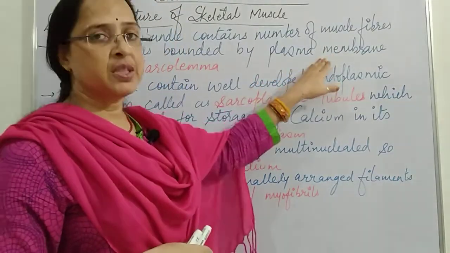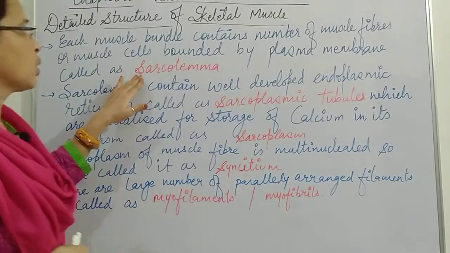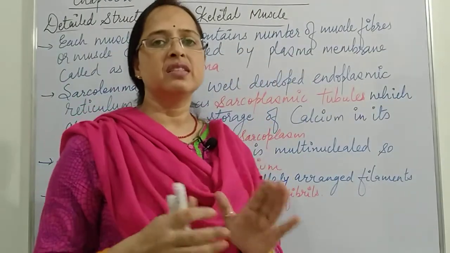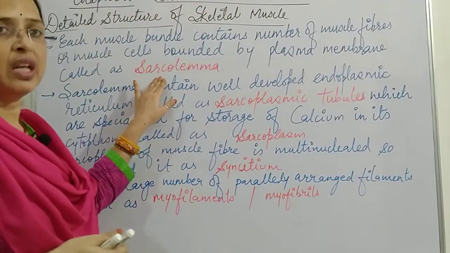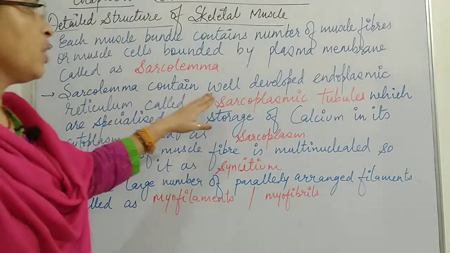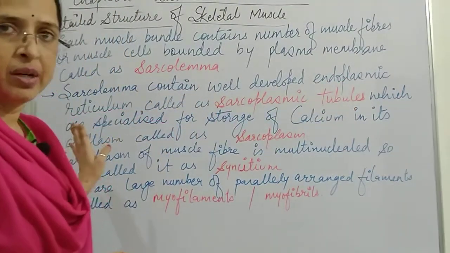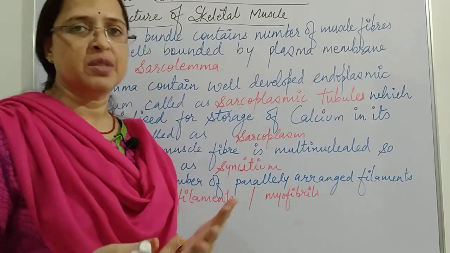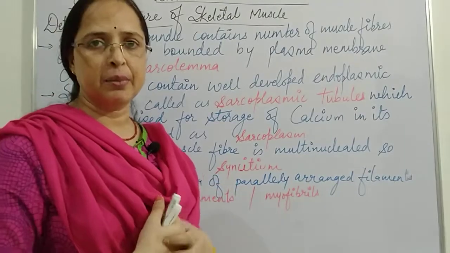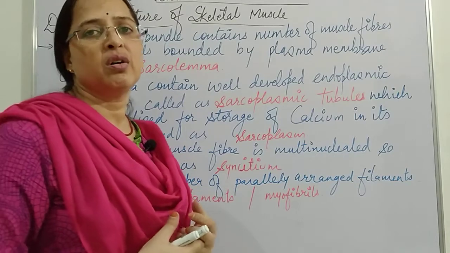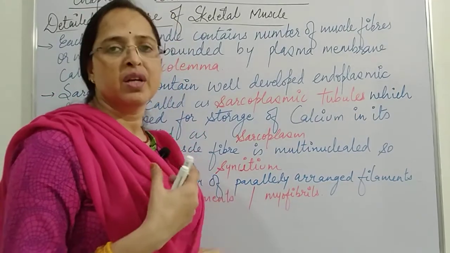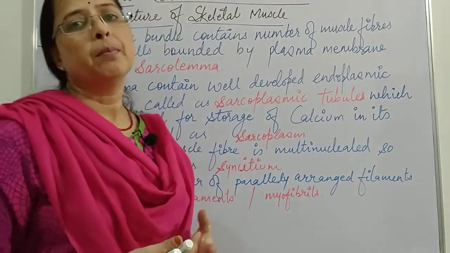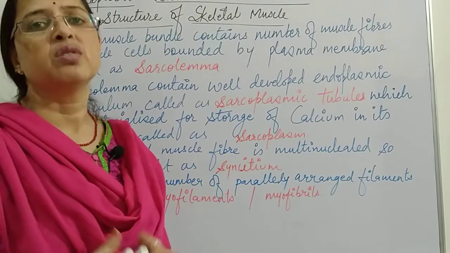Now this plasma membrane is called the sarcolemma. When we talk about muscle, the plasma membrane of the muscle cell is called the sarcolemma. Then the sarcolemma contains well-developed endoplasmic reticulum. Endoplasmic reticulum is present in both plant and animal cells, but it is present in a more developed manner in the animal cell, and in the muscle cell it is even more developed.